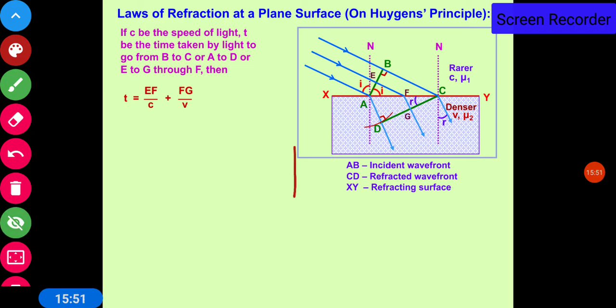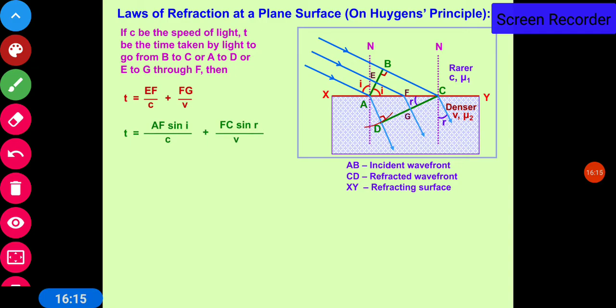Here EF is in the medium in which the speed of light is c, and FG is the distance in the medium where the speed of light is v.